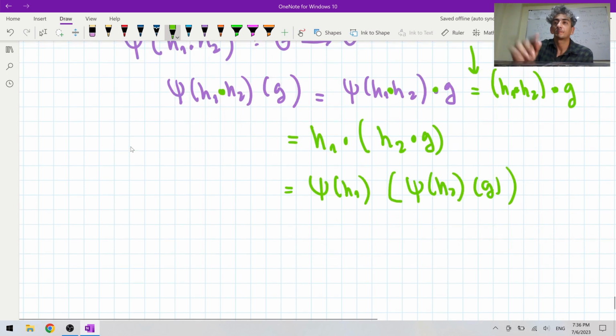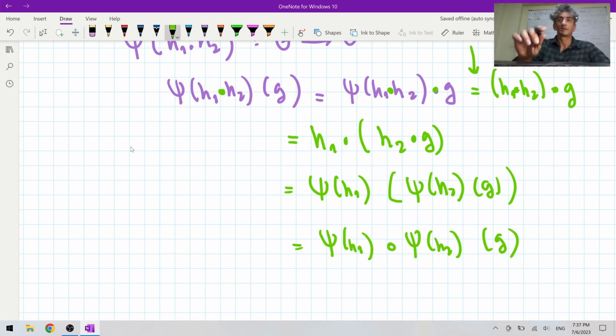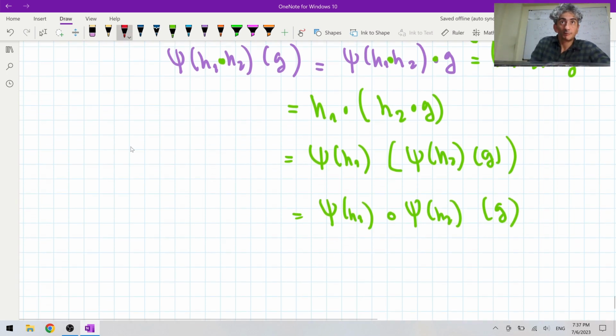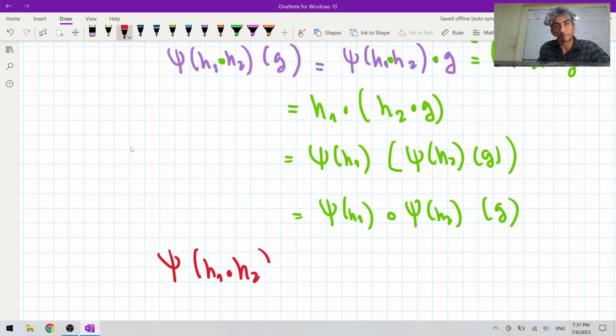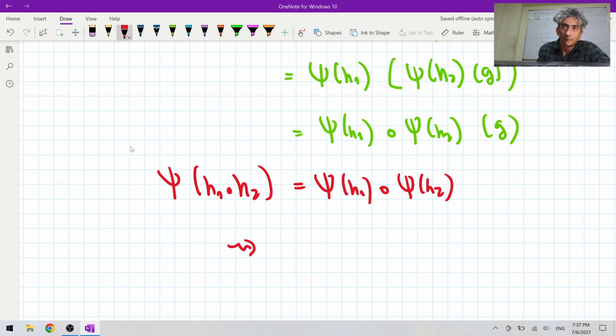And this is simply this function composed with this function applied to g. So what we have shown is that this is essentially this composition. So psi is in effect a group action.